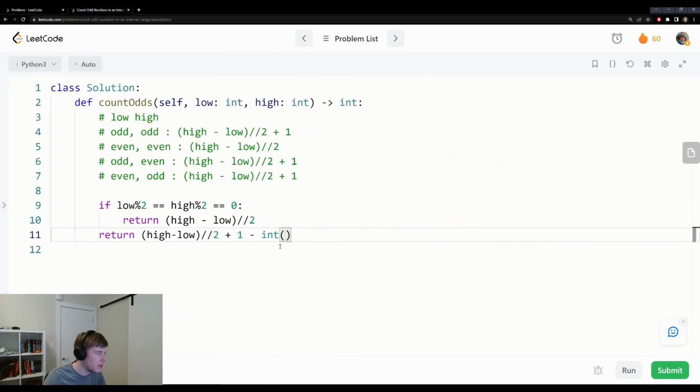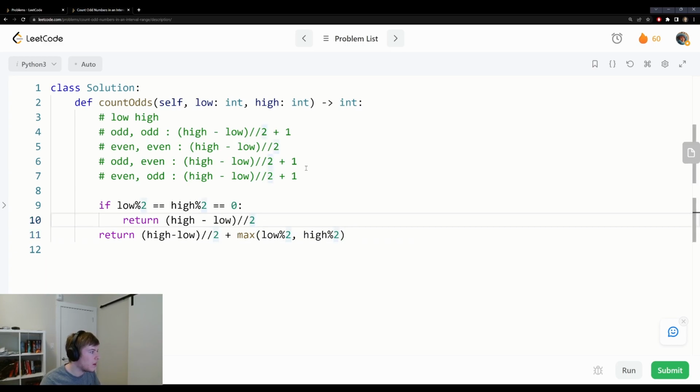So if we were to try to do this on one line, we could simply just do +1, and then you can see this is essentially all the other cases, but -1. So we could do minus int of low mod 2 equals high mod 2 equals 0. Or we could even do max. We could do plus the max of low mod 2 and high mod 2.